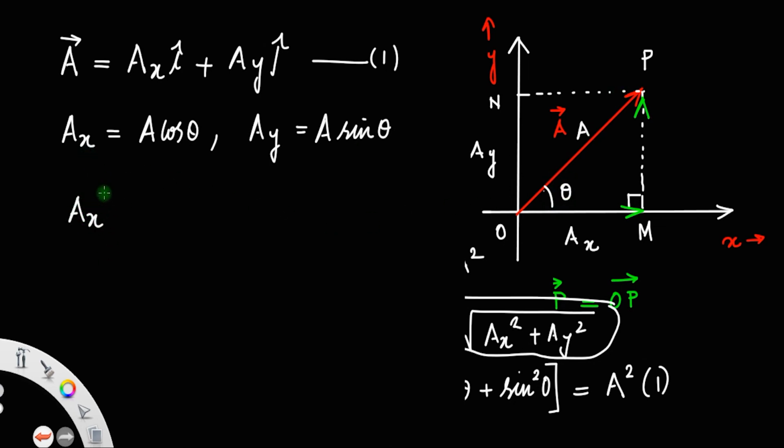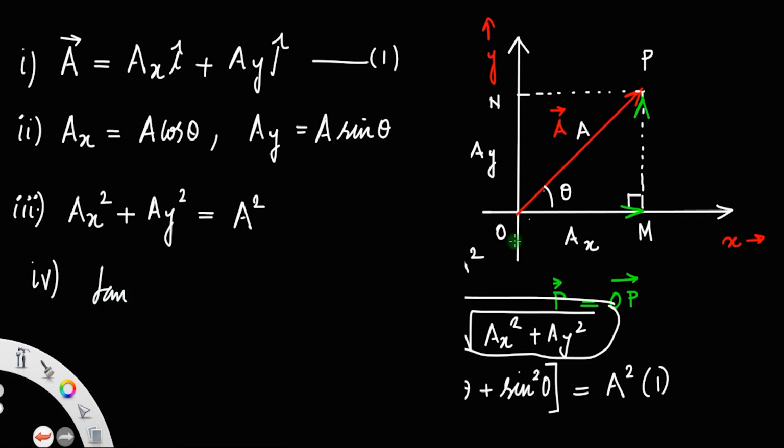Then the second point: AX square plus AY square, that is, the sum of the squares of the components will be the square of the magnitude of the vector. The third point: the tangent of the angle the vector makes with the x-axis will always be the ratio of AY to AX, the ratio of the vertical component to the horizontal component.